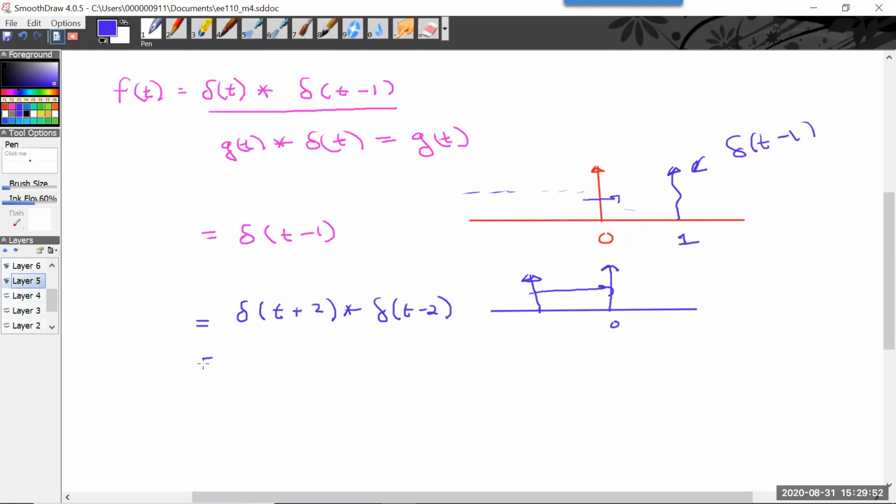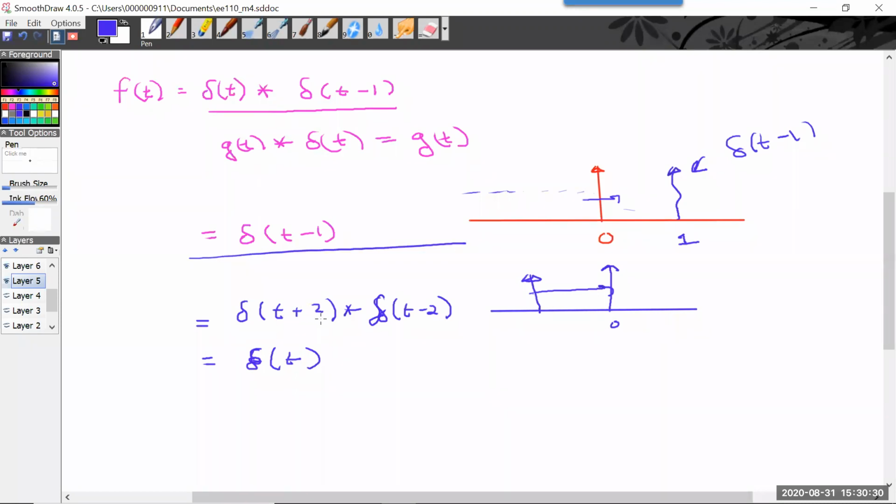Now I'm just going to give you the answer, because this should just sum the delays and give me delta 2. Is your blue function another function? Oh no, this is a different one now.